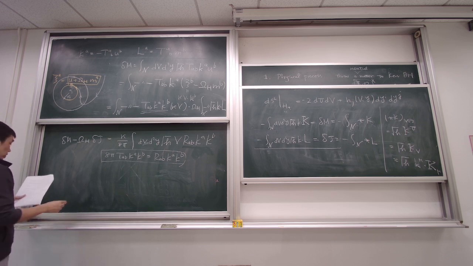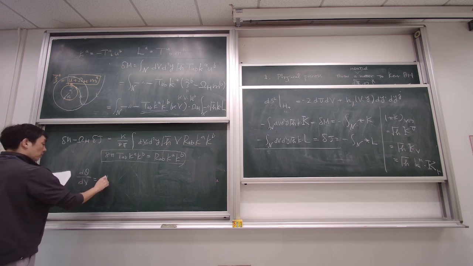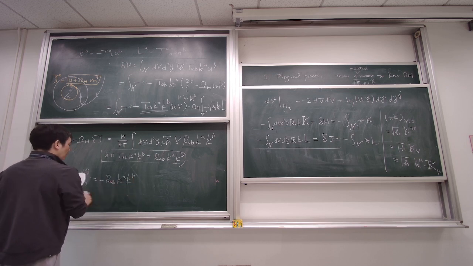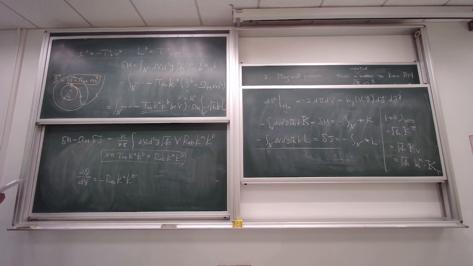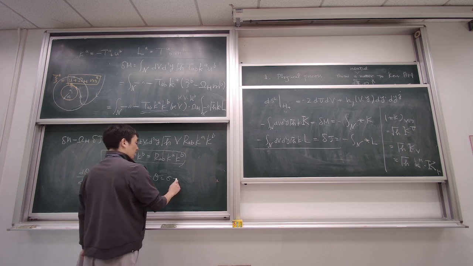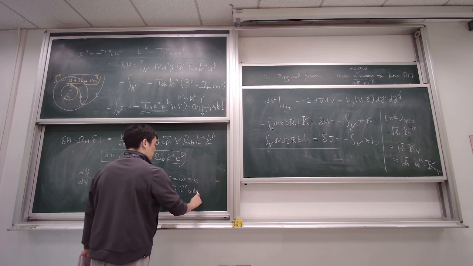By perturbation, the Raychaudhuri equation becomes like this, equal to minus R_AB k^A and k^B. At the horizon, at the first order, theta, sigma, and omega equal to 0 at the first order perturbation.